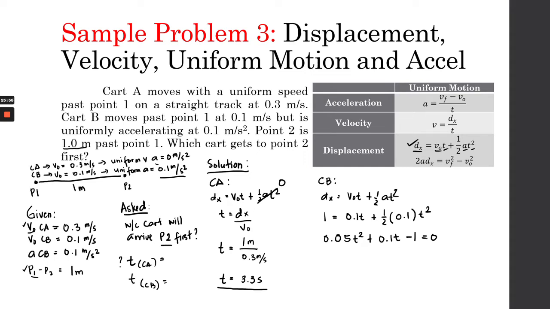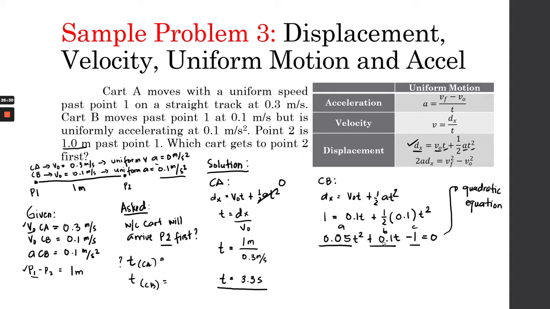So what we have to use is the quadratic equation to solve for time. The quadratic equation will give you two numbers, negative and positive. You can use the internet to find a quadratic equation calculator. Just plug in this is your A, this is your B, and this is your C, -1.